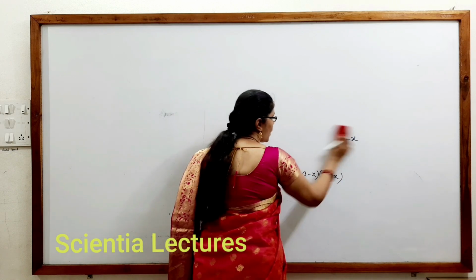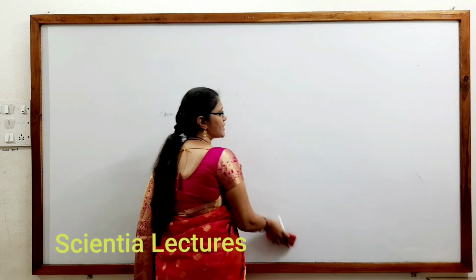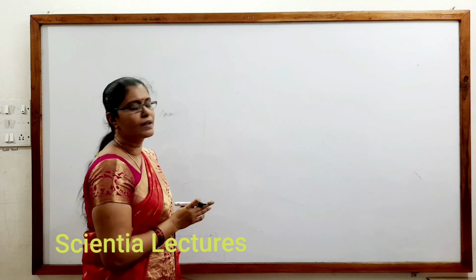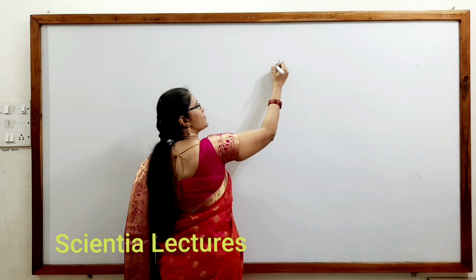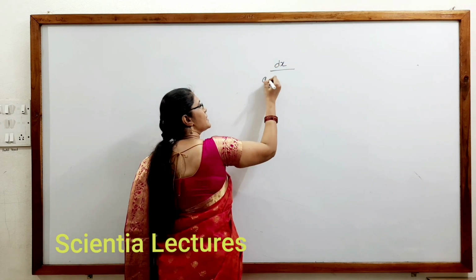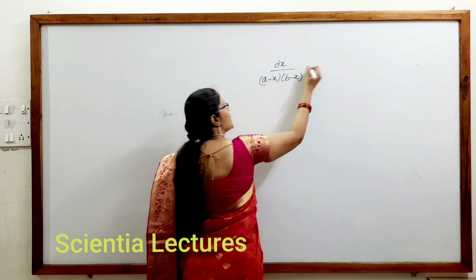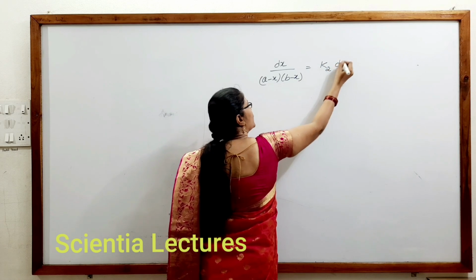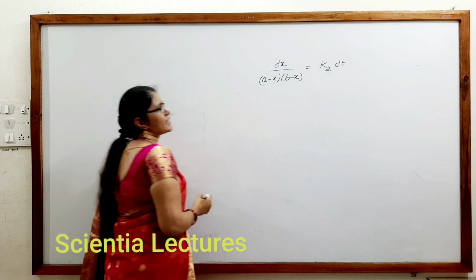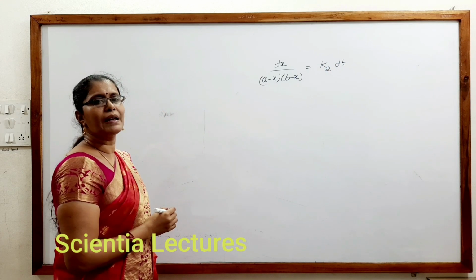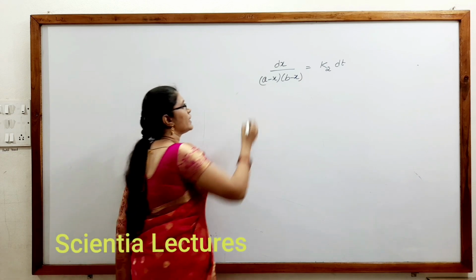Now let us see how to derive the rate equation of such reactions. So dx by (a minus x)(b minus x) is equal to k2 dt.